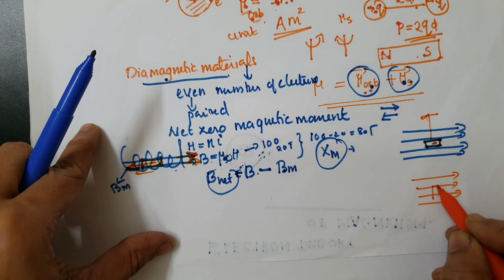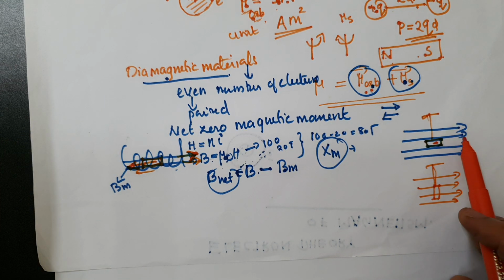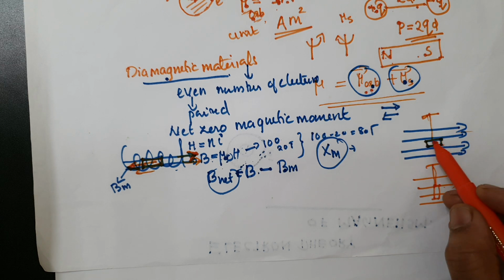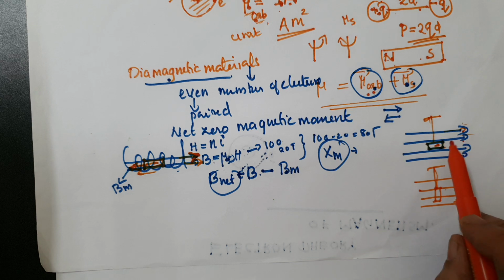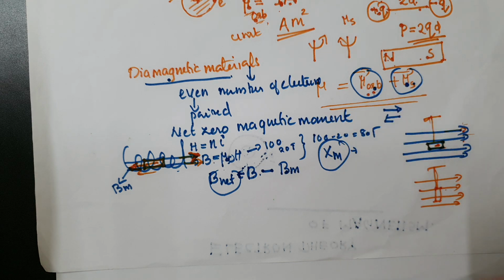When an external field is applied, the diamagnetic material always aligns perpendicular to the direction of the field. That is, on the presence of this field, it just oscillates from this direction to this direction, and it aligns perpendicular to the direction of the magnetic field.